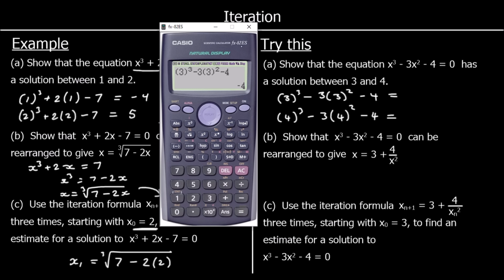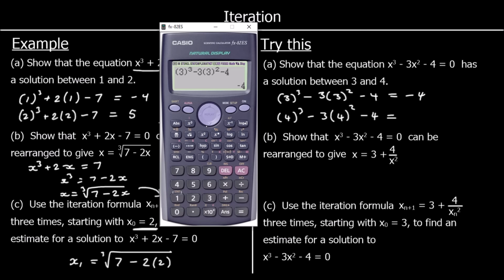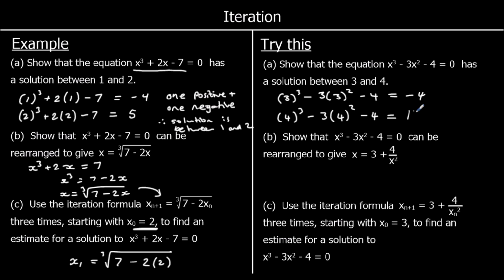So that's negative 4. And for 4, I'm going to change the 3's to 4's. And that's 12. So one's positive, one's negative. That means a solution must be between them. And that means there's a solution between 3 and 4.